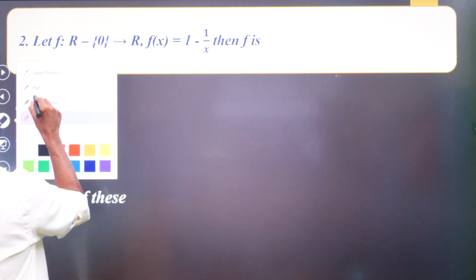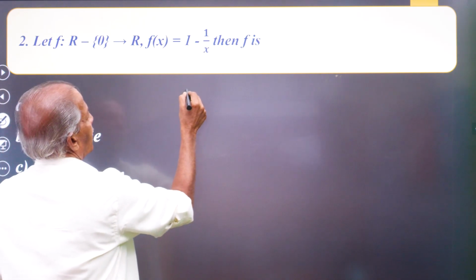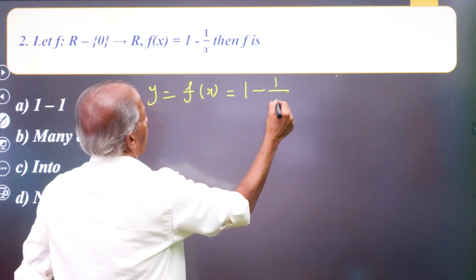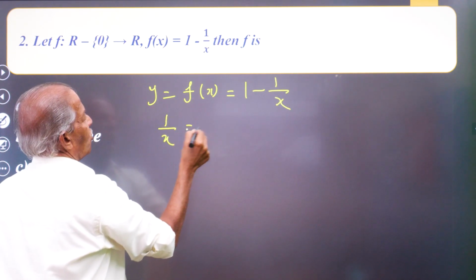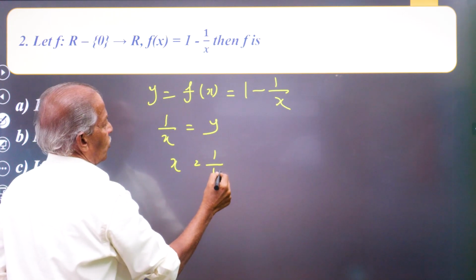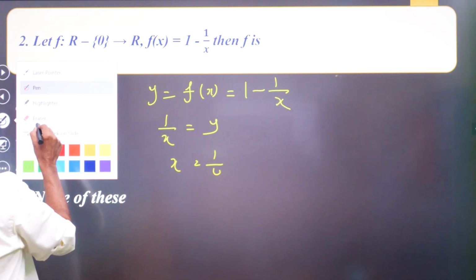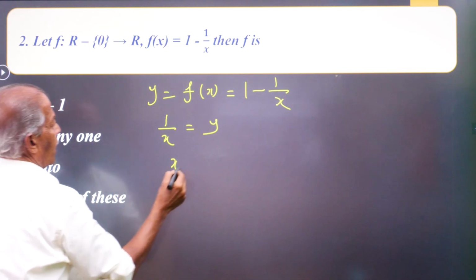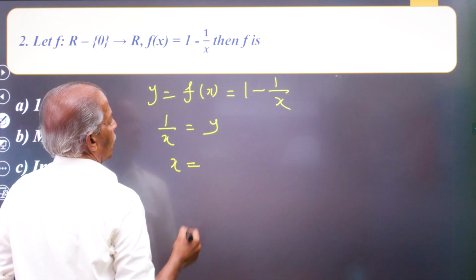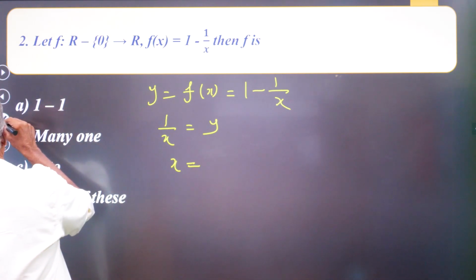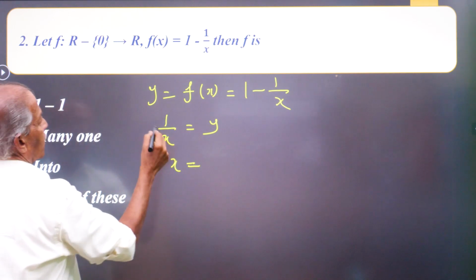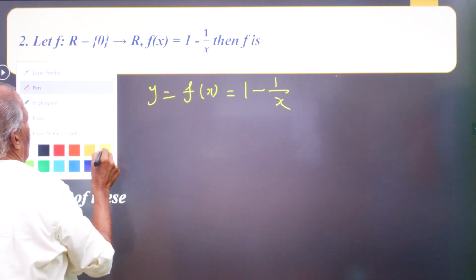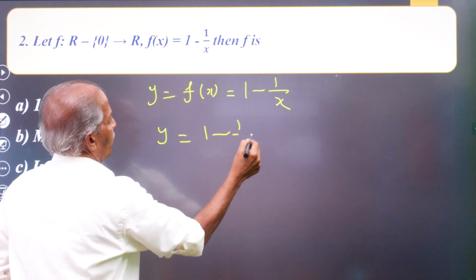Look here, y equal to f of x, this value equal to 1 minus 1 by x. Sorry, small mistake is there, we will correct it. y equal to 1 minus 1 by x.